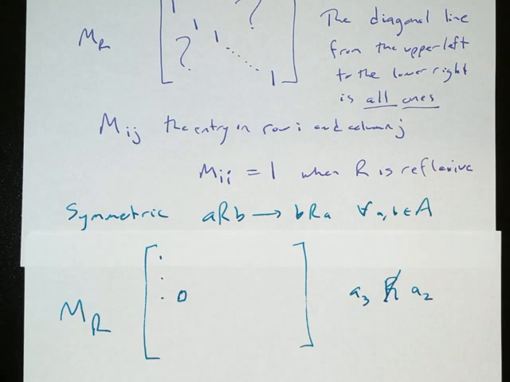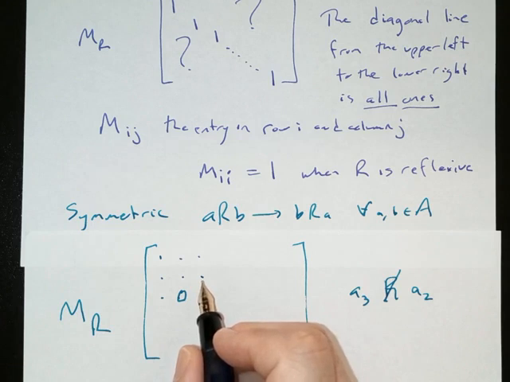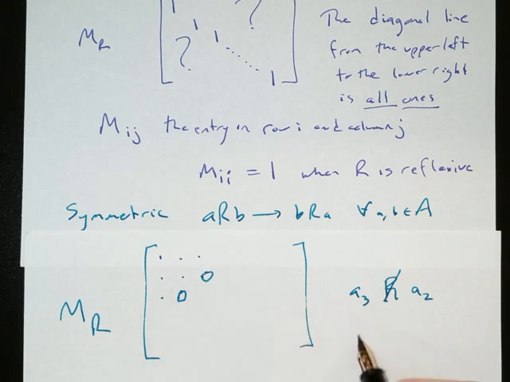So tell me, what do you know about that spot? In the second row, in the third column. It also has to be a 0.